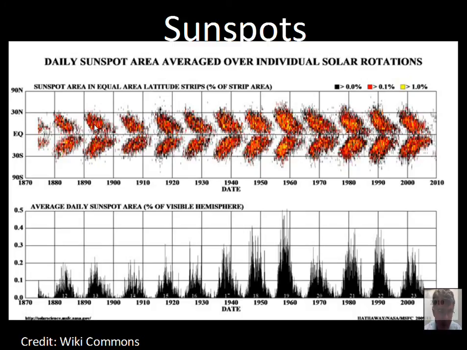However, there's another change that occurs here. The magnetic field for this cycle, in terms of where the north and south poles are, is reversed from the magnetic field of this cycle. So say in this cycle from 1880 to 1890, the north pole of the sun was a magnetic north pole. In this next cycle, the north pole of the sun, in terms of its rotation axis, is now a south pole.